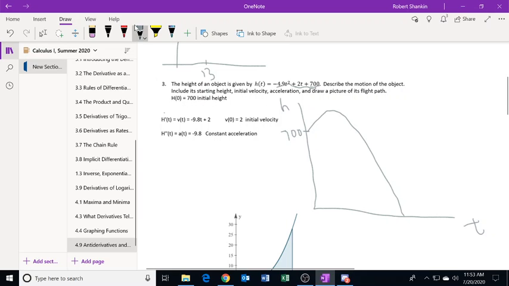This is just a function, a position function with respect to time. Mm-hmm. But if it started here and if we drew it on this axis, what would it look like? On which axis? I'm sorry. With a T axis and an H, on the same grid, what would it look like? If it's starting at 700 feet.